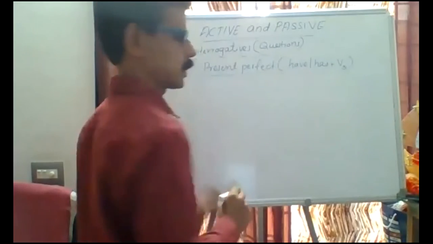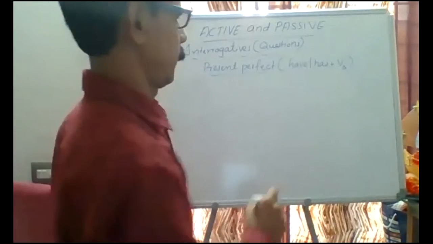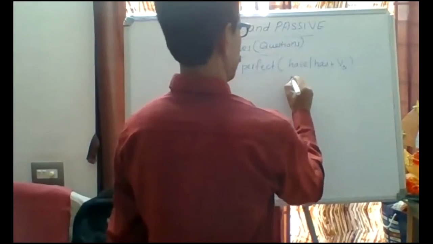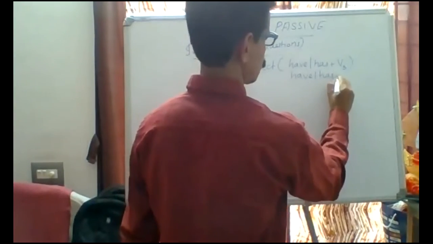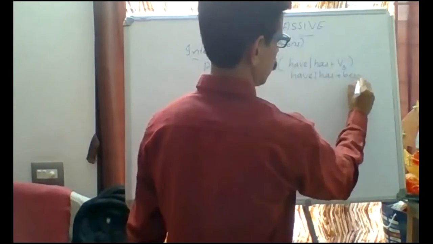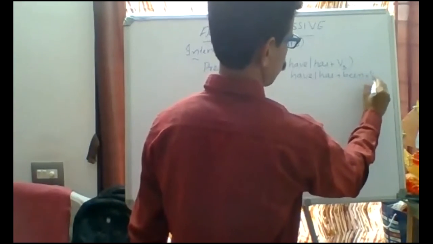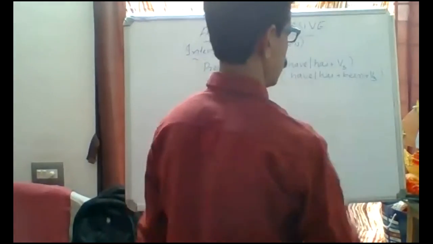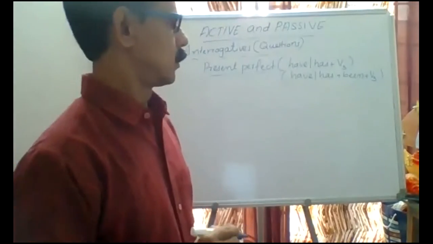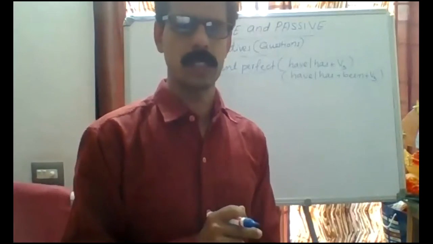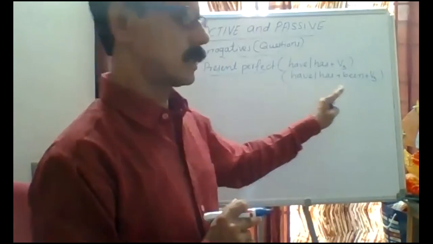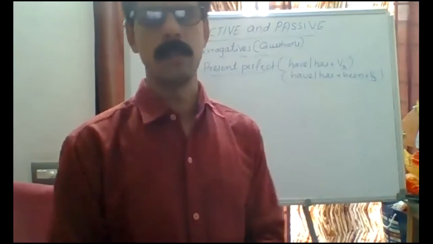For the passive, it is have or has plus been, the B form, plus the third form of the verb. We just added one been; V3 is already there in the structure.